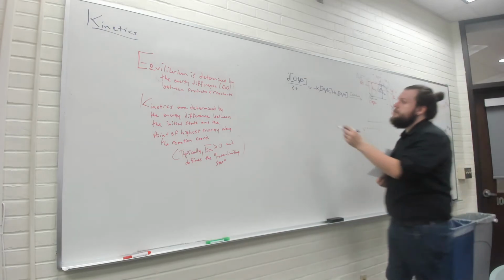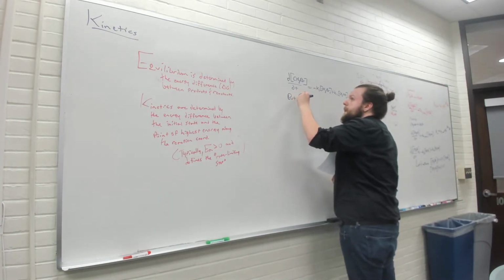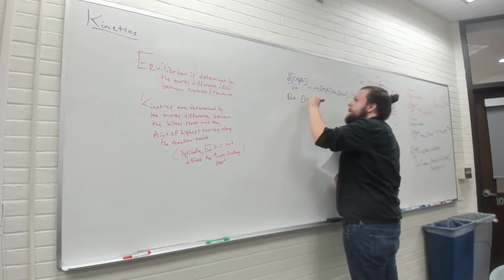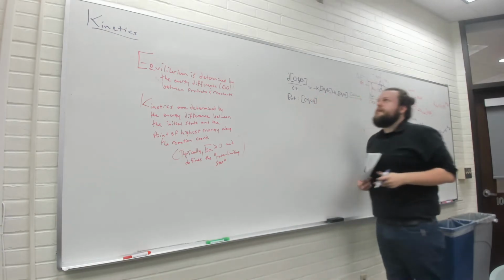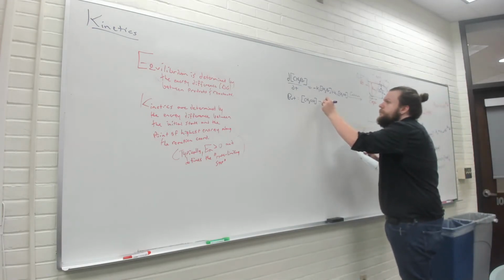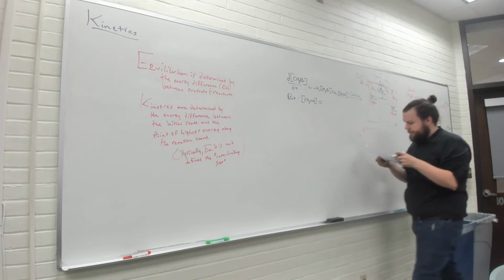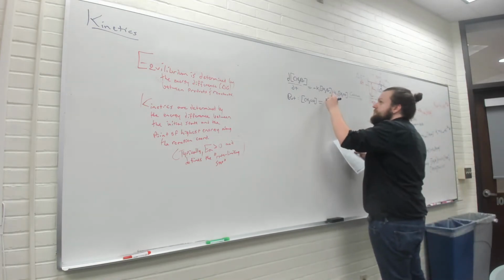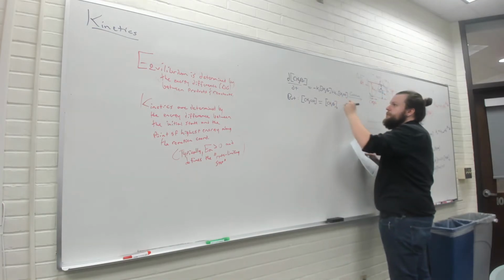Okay, but every mole of CH3Br that reacts forms a mole of CH3OH. So the CH3OH's concentration as a function of time is just the initial concentration of CH3Br minus the amount that hasn't reacted yet.